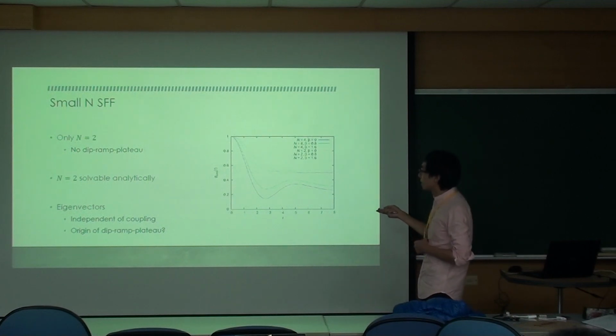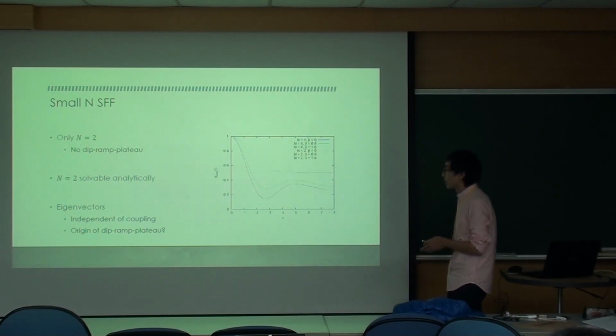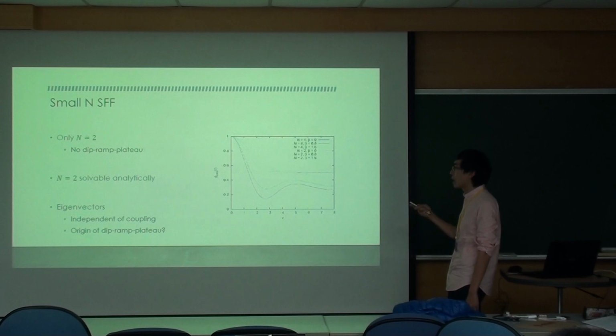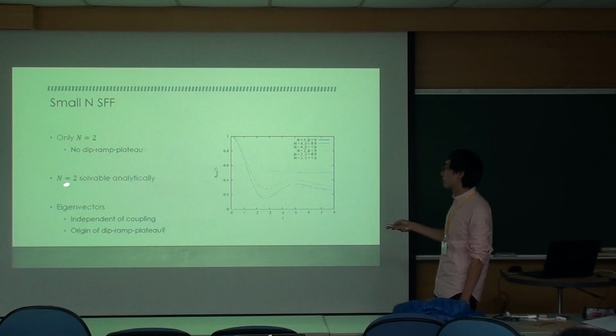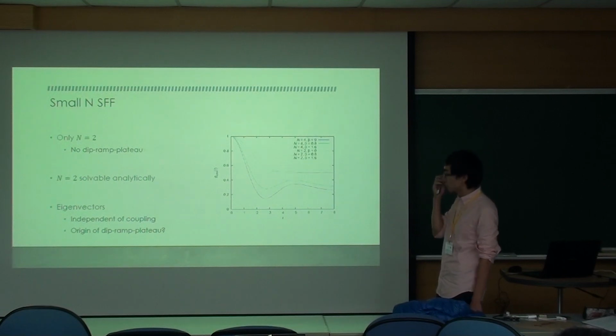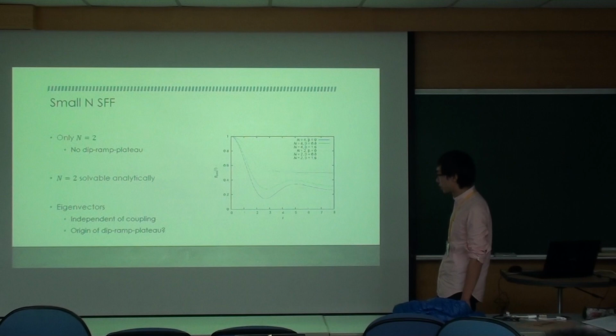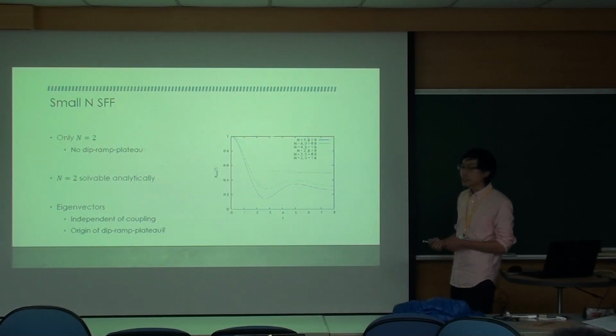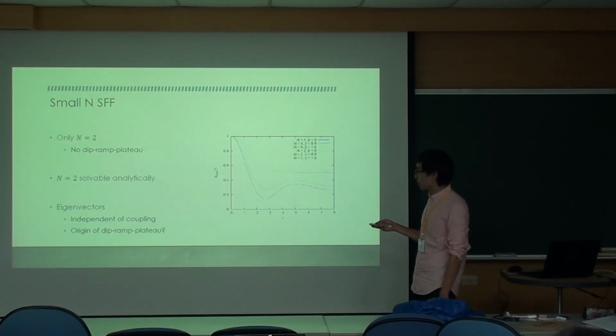From this, we can solve the n equals 2 system exactly. We know that the only difference between n equals 2 and larger numbers of fermions is that the eigenvectors of the n equals 2 system are independent of the coupling constant. It seems to indicate that this behavior in the spectral form factor comes from the eigenvectors depending on the coupling constant of your system.